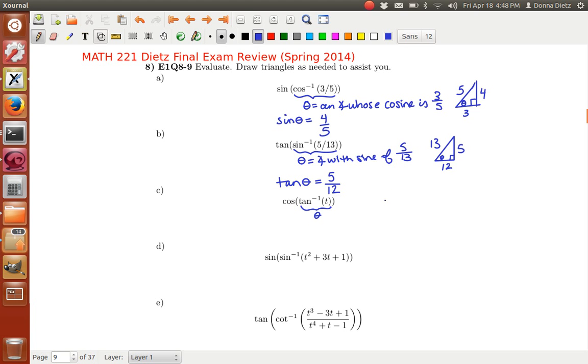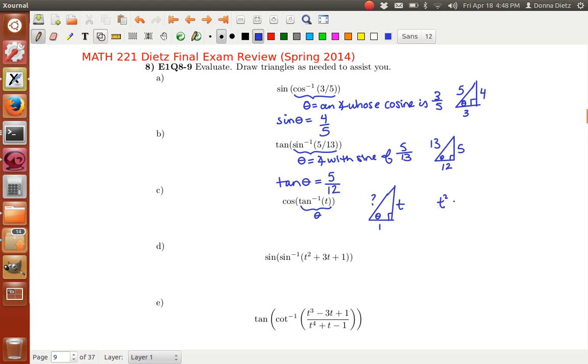Let's draw ourselves a triangle here. And here's theta. We want an angle whose tangent is t. Tangent is y over x. We don't know what the hypotenuse is, so we're going to have to figure it out.